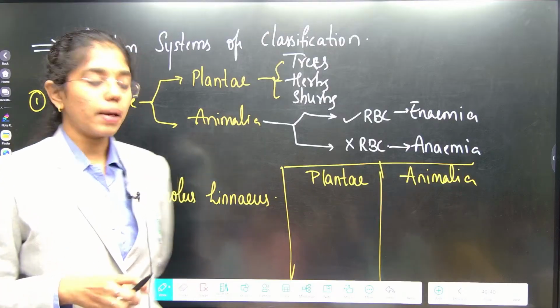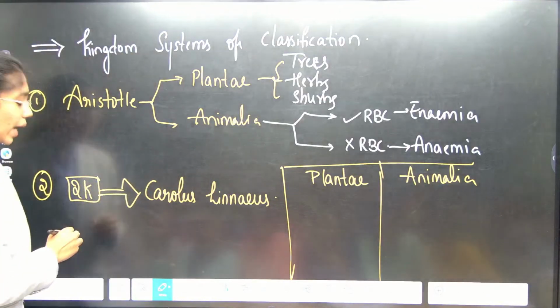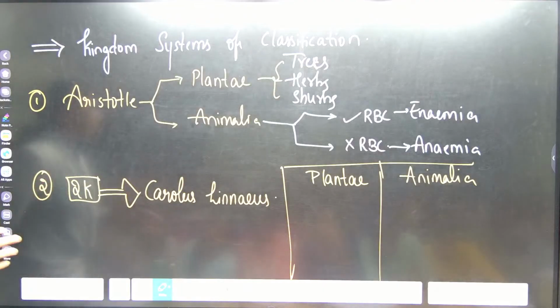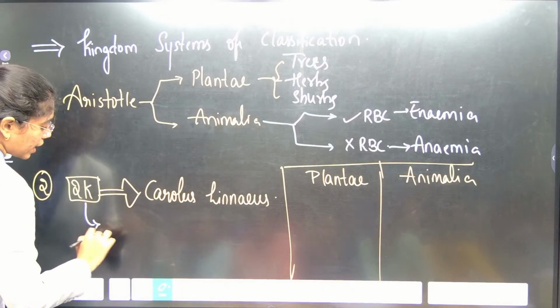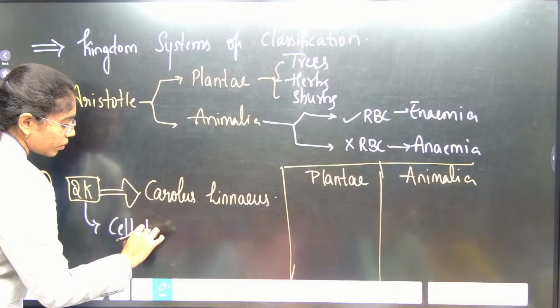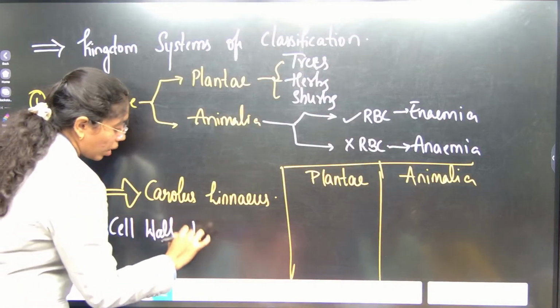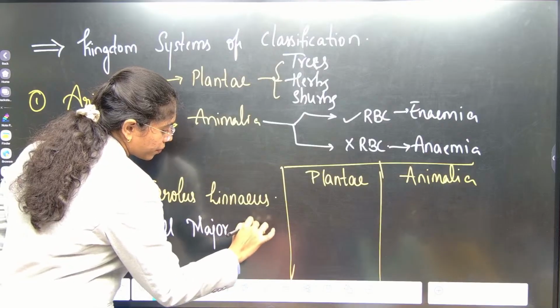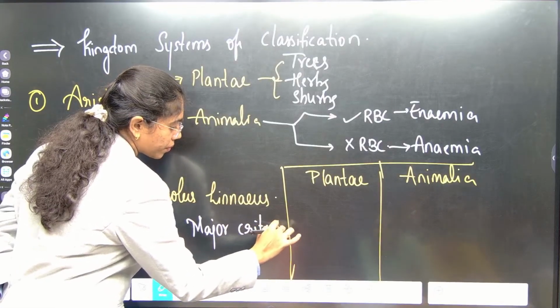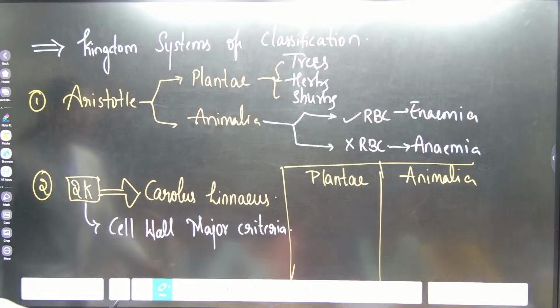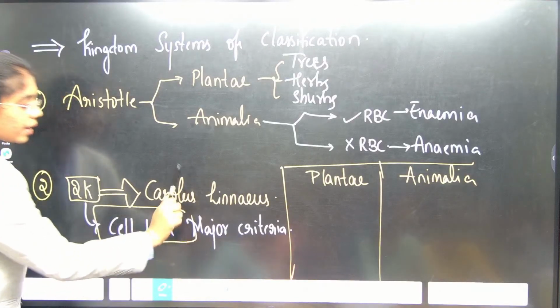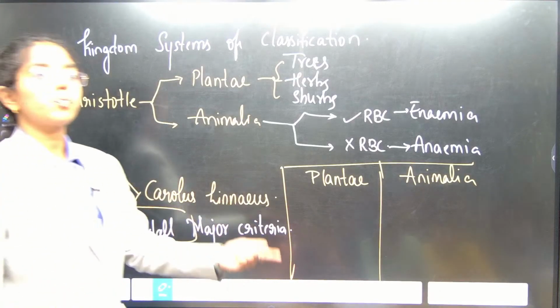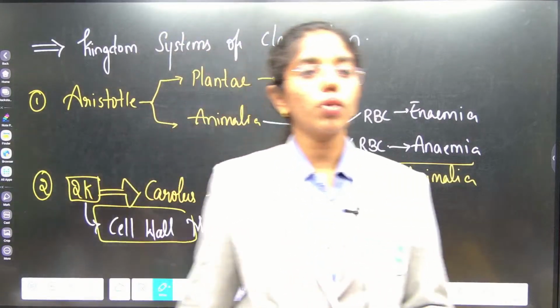These are the different criteria chosen for the two kingdom system of classification. But amongst them, which criteria is chosen the most? The widely chosen criteria is cell wall. Cell wall is the major criteria. Apart from cell wall, there are many other criteria like locomotion, response to external stimuli, mode of nutrition.